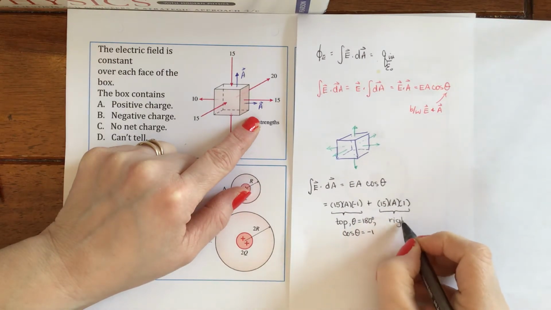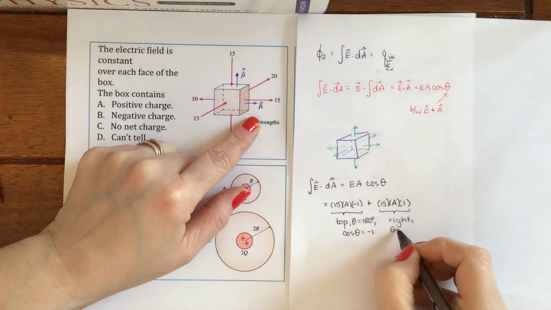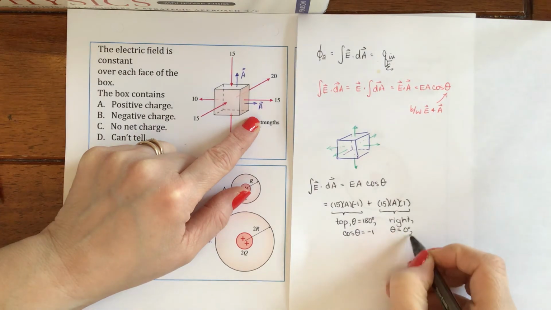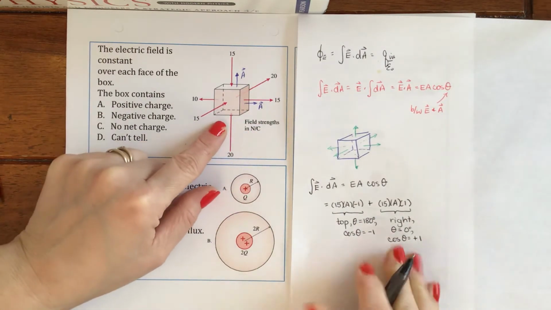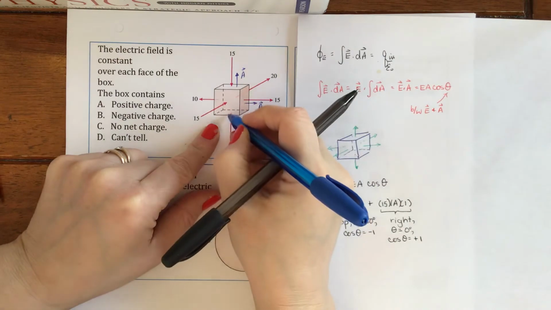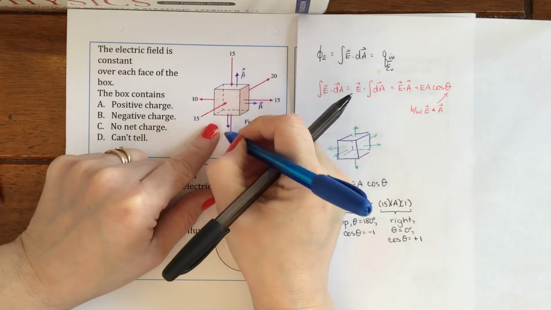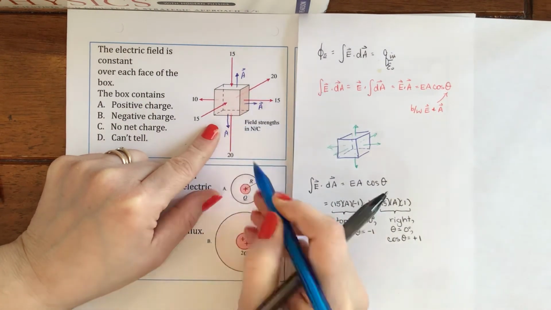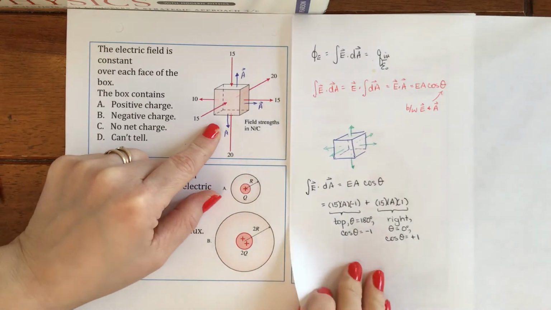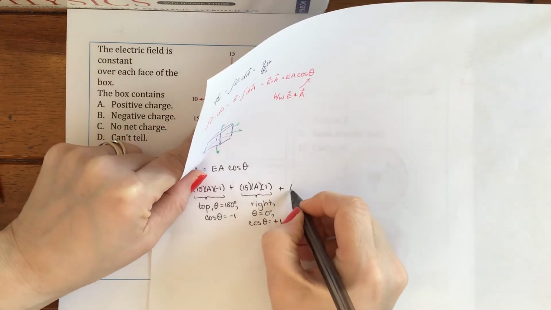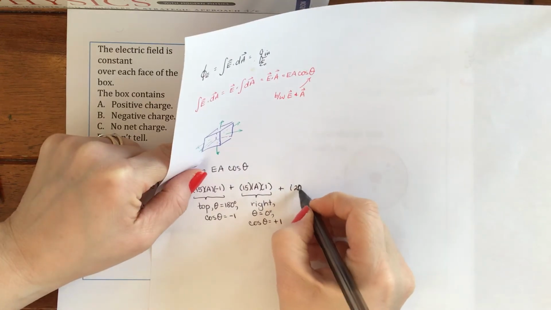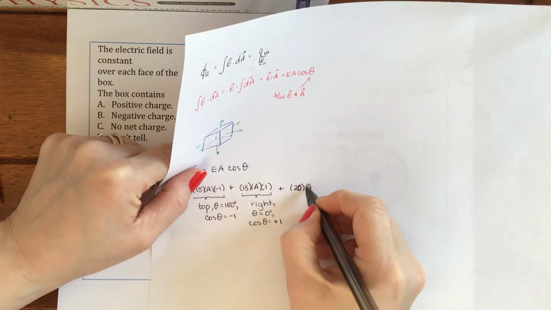For this one, theta equals 0, and cosine theta equals +1. Then we'll do the next face. Let's go to the bottom next. On the bottom face, the area vector comes straight down like this. Those are opposite in direction. That angle is 180. So for this one, we have the electric field of 20 times the area times the cosine of 180, which is -1.